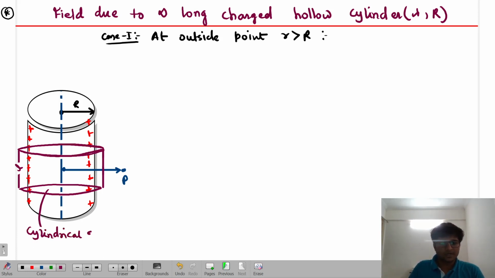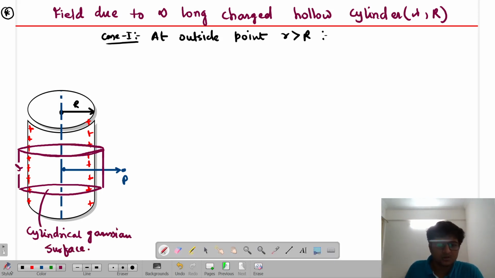Now think of the electric field. How many kinds of area do we have for a cylinder? You can say only circular surfaces and curved surfaces, isn't it? Yes. So look over here.